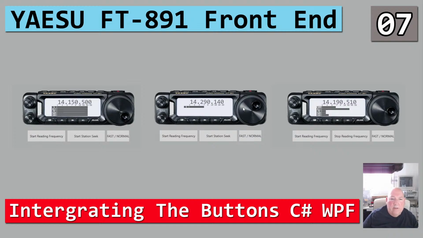We can do, start a seek. So what it's going to do, it's going to search between two frequencies, and there's a little meter reading there that every time it finds a signal strength over 7 or whatever I set it to, it stores it.